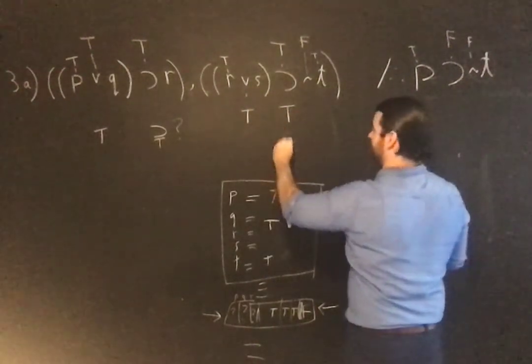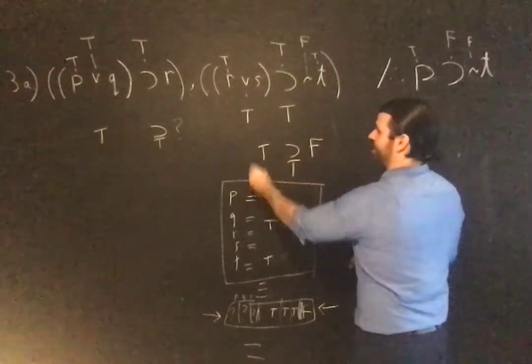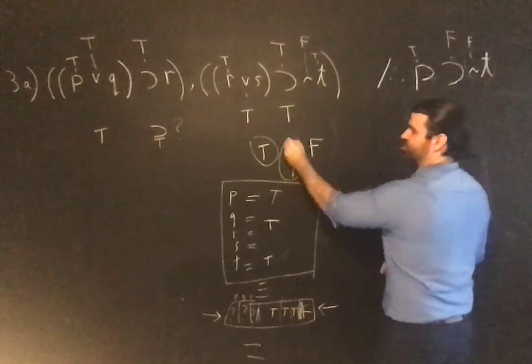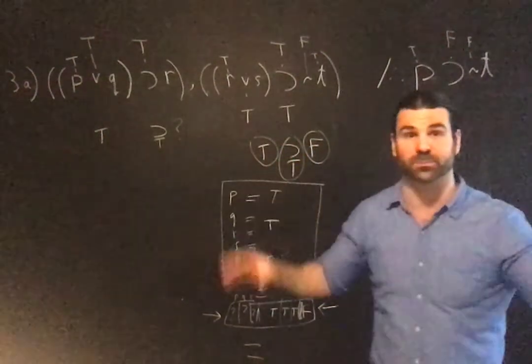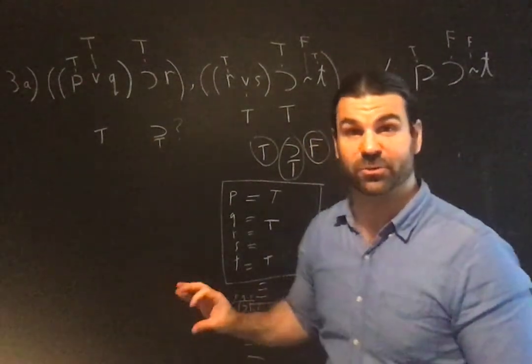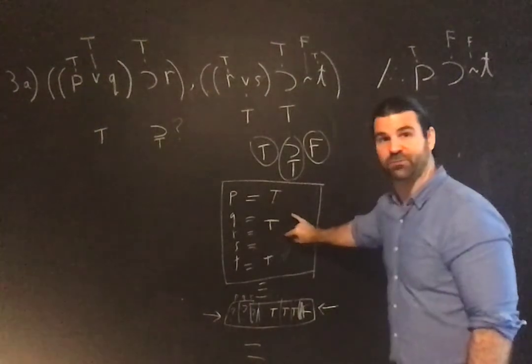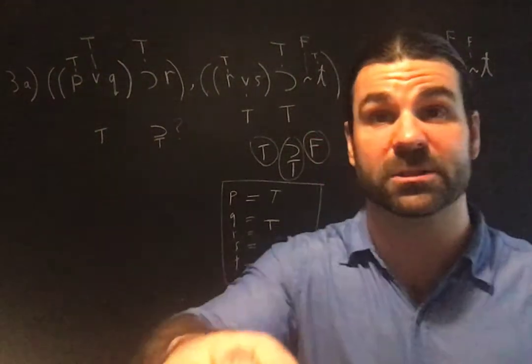T hook F, T: I have to make a conditional true, I have to make the antecedent true, and I have to make the consequent false. That's impossible. There is no consistent assignment of truth values to the sentential variables that makes the premises true and the conclusion false. Therefore, the argument is valid.